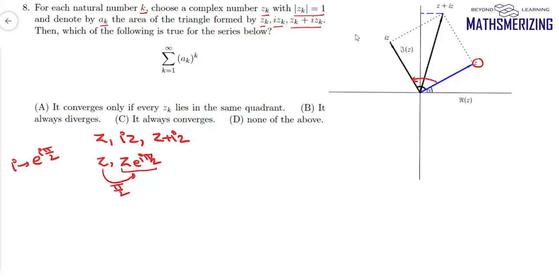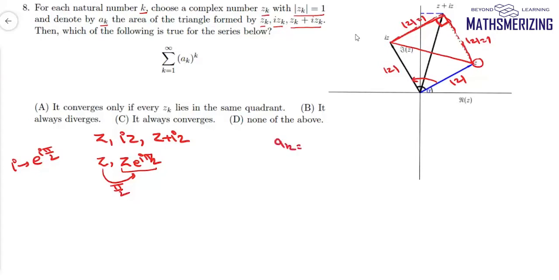Now if we use addition of complex numbers, then we can get z plus iota z also. Now we look at this triangle formed by z, iota z and z plus iota z. It will be a right angle triangle, and this side is mod z and this is mod of iota z, which again is mod of z. So it will form an isosceles right angle triangle.